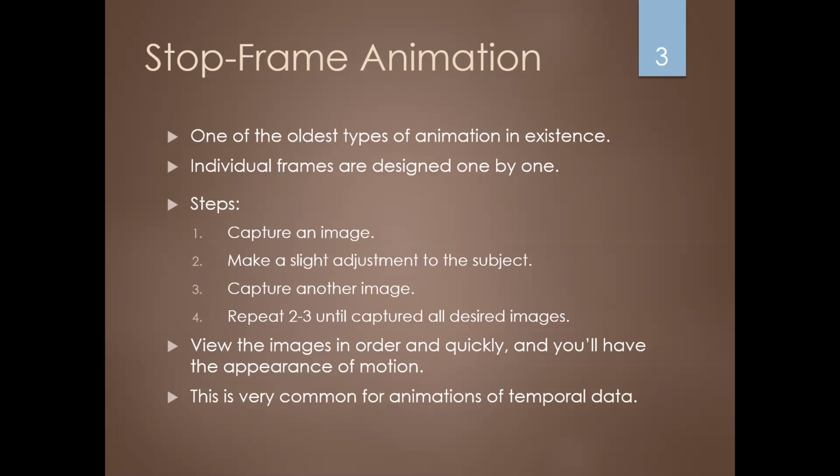For example, the population of a specific area in different decades: order them by time and show each map of population to people quickly. So people will see an animation of population in different decades for that specific area.